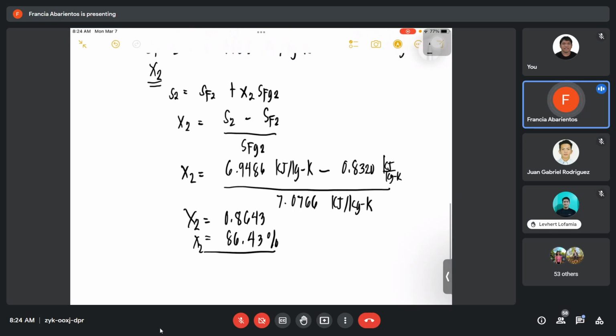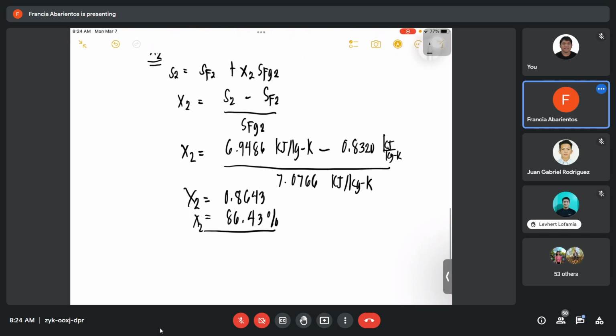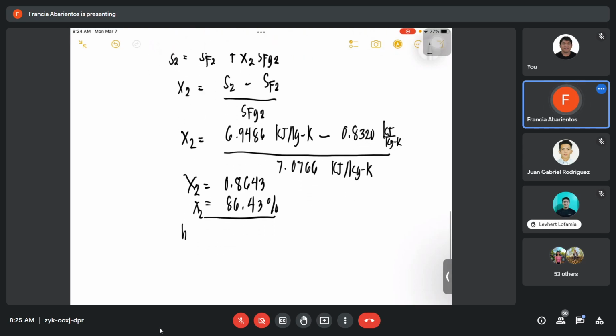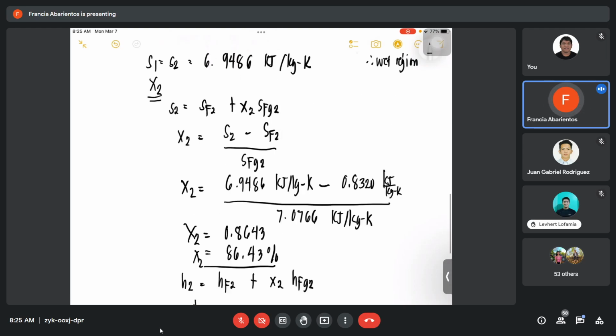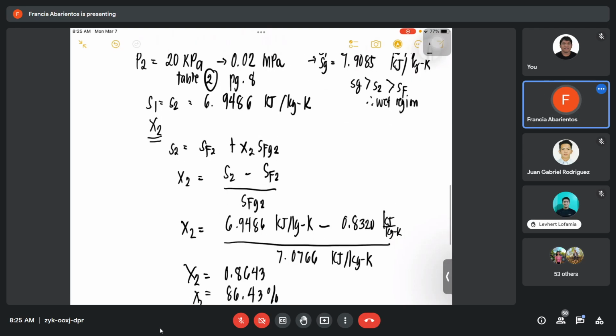What will we find at 0.2? The enthalpy at 0.2. That's what's important, what he's looking for to determine the cycle efficiency. So we have now the enthalpy at 0.2, at the same table 2, page 8.